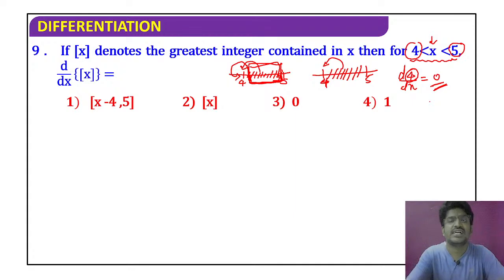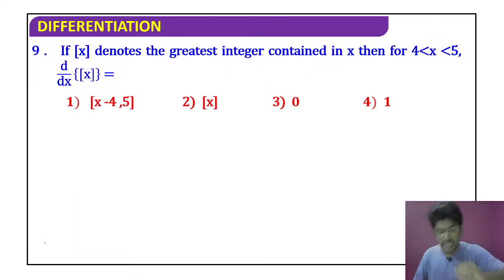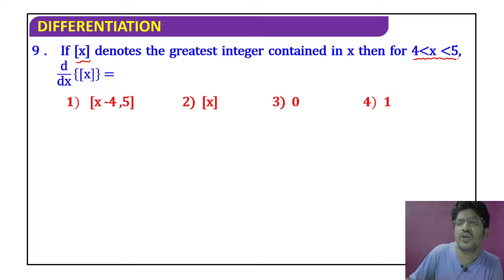Clear? So that's why I tell you, please understand the problems very carefully, because they have given that this is the greatest integer function and x is in between 4 and 5. This is important.